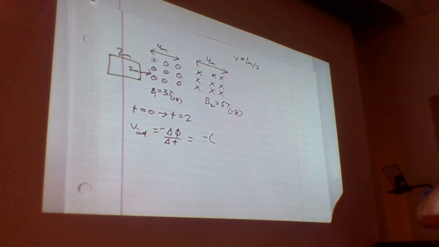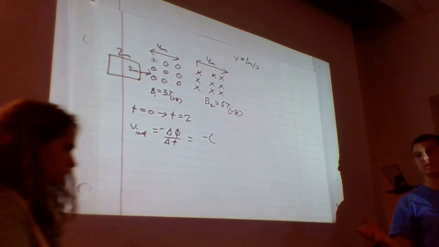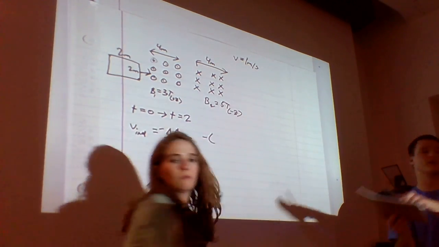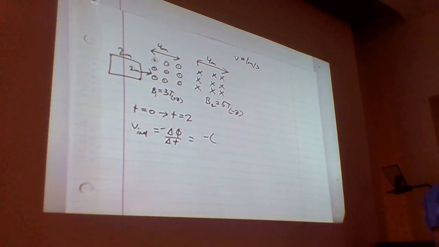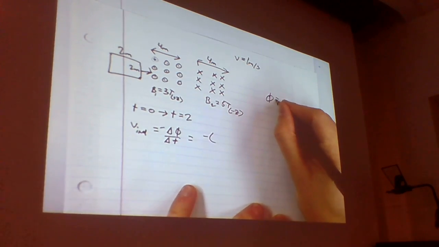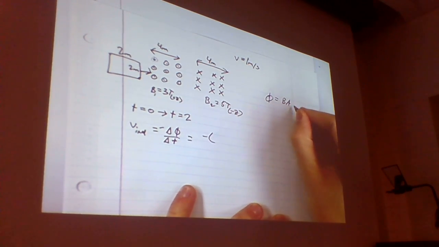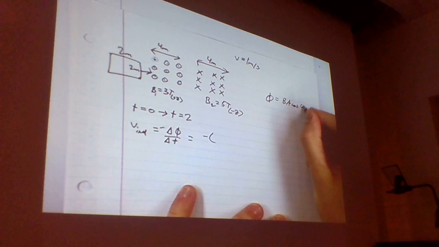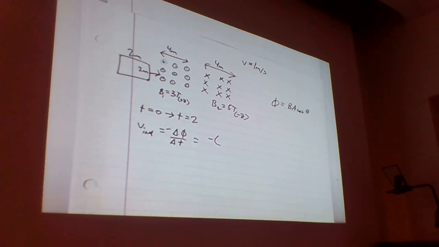And that's when they're parallel or not parallel. When they're perpendicular, that angle is actually supposedly 0. Okay, thanks. So I'll put over here flux equals BA cosine of theta. But in this kind of problem, your cosine of theta should always equal 1.